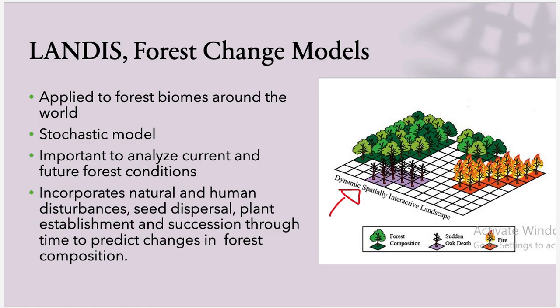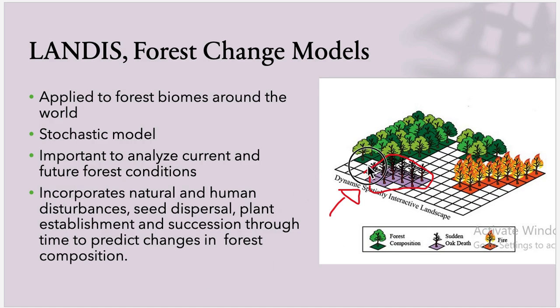LANDIS is applied to forest biomes around the world. This is a stochastic model, and it's important to analyze current and future forest conditions. The reason for that is because forest vegetation changes through time, and the changes may be caused by the natural aging and death of a group of trees, like we see here in this part of the satellite imagery. This represents sudden oak death.